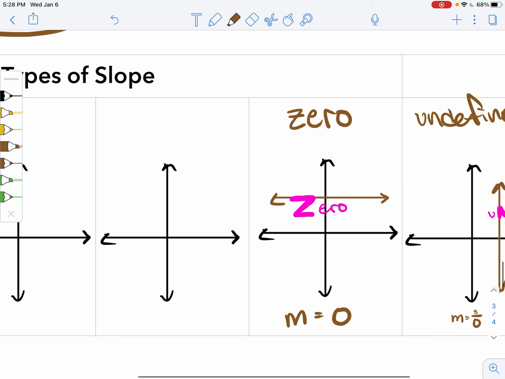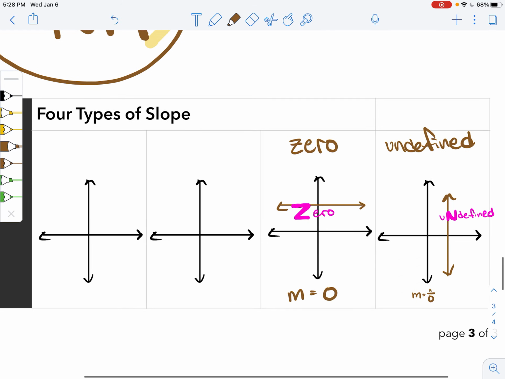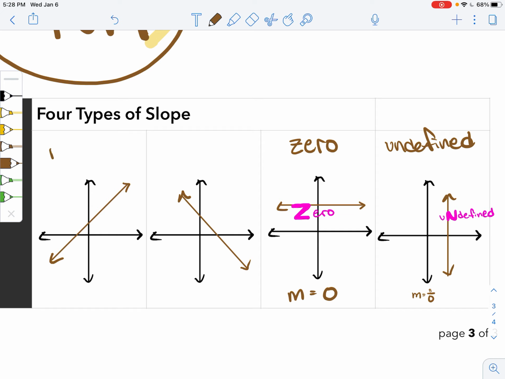So there you go. We have 0, we have undefined, and those are rare. You often won't see them. What you will see is a line that looks like this, and lines that look like that. When you have a line that goes up like this, we say that has positive slope.